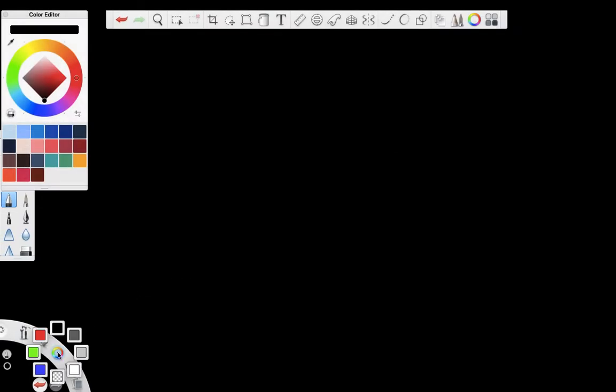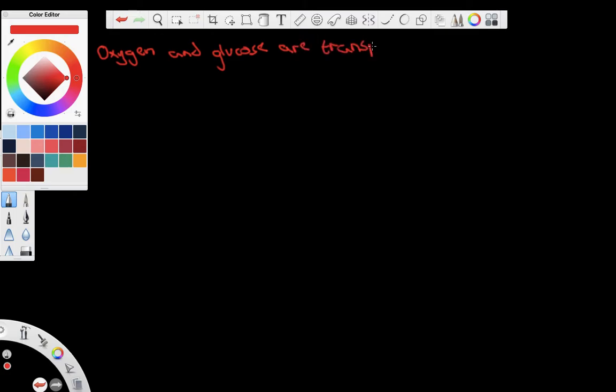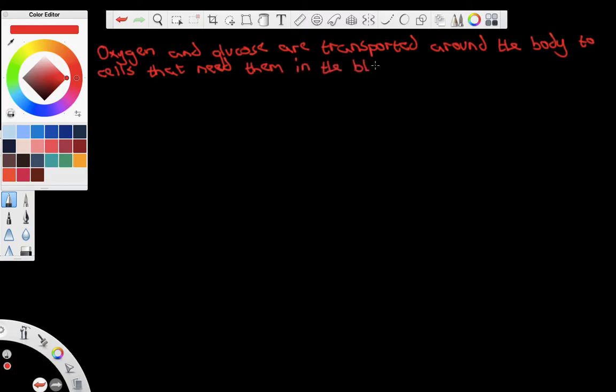So let's start by saying a key point. Oxygen and glucose are transported around the body to cells that need them in the blood through blood vessels.